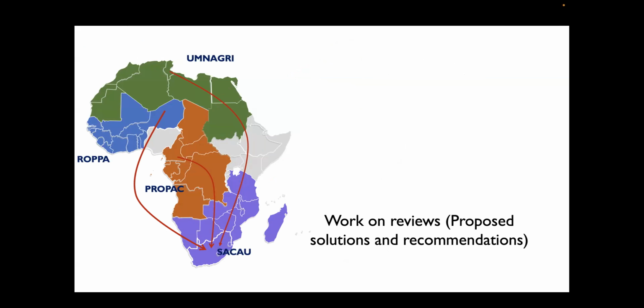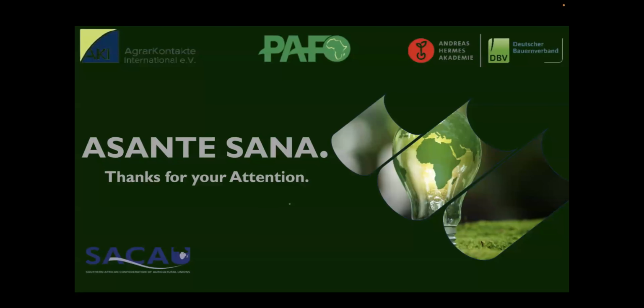And for SACAU now, I think their responsibility is to work on reviews on the proposed solutions and the recommendations so that we can have a concrete action plan to make sure we have successful climate resilience in SACAU. So that is all I was able to capture. So thank you very much.